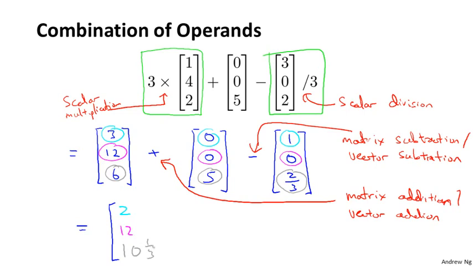And I'm going to close my square bracket. This gives me a 3 by 1 matrix, which is also just called a 3-dimensional vector, the outcome of this calculation. So that's how you add and subtract matrices and vectors and multiply them by scalars, or by real numbers.